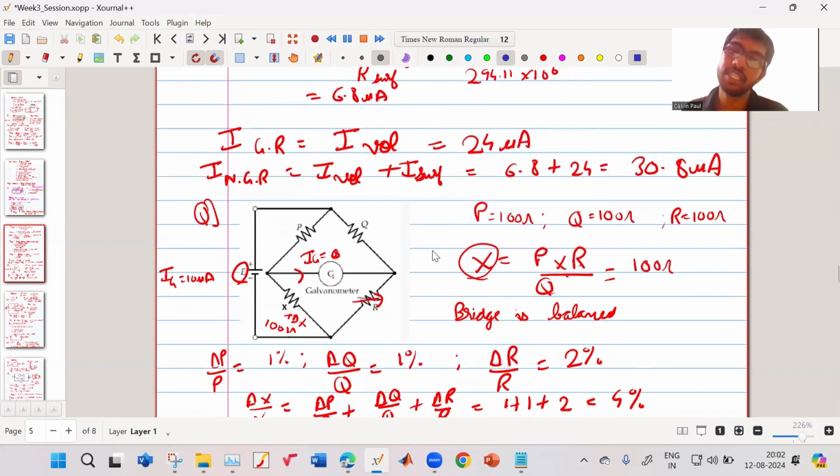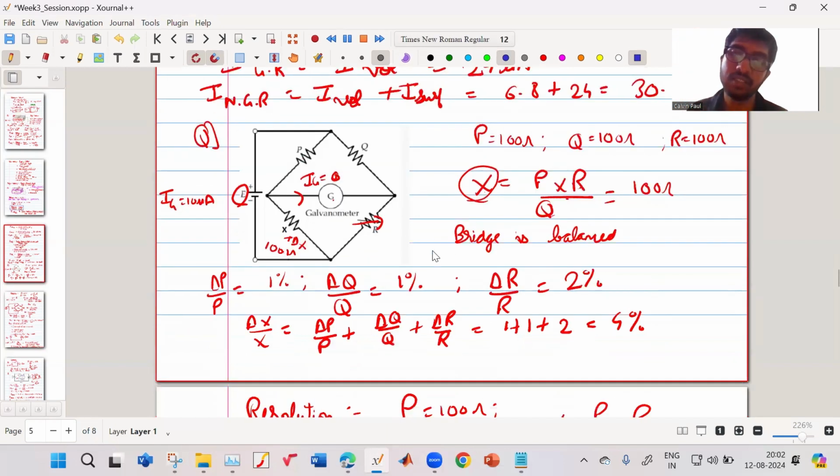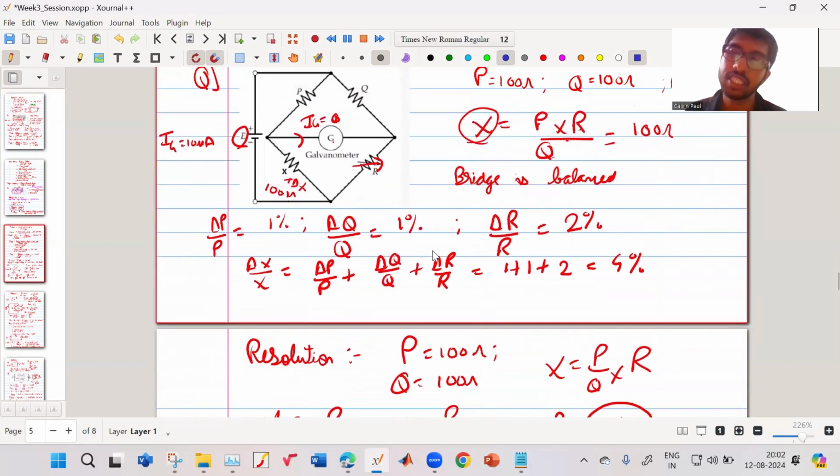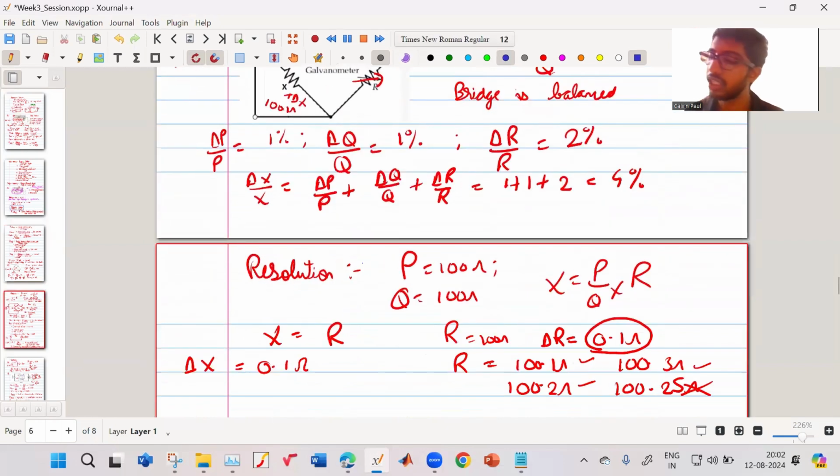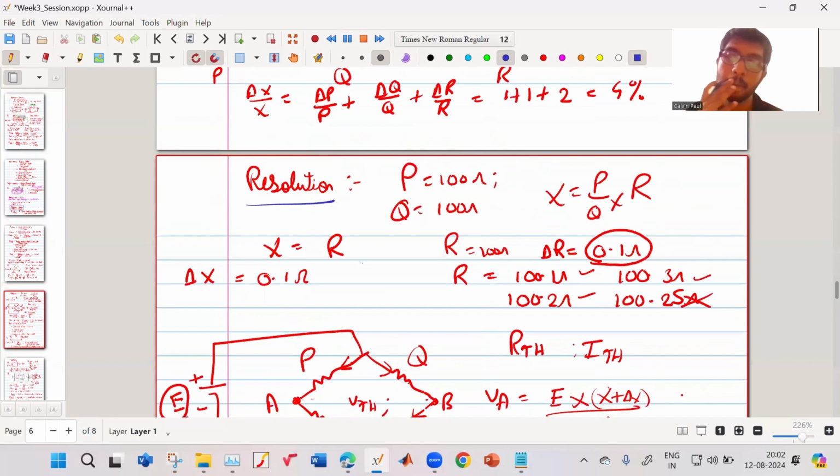Then we considered a case of a bridge network. This is not a Kelvin's double bridge, this is a simple bridge. And then we found out how to find the resistance, the accuracy, the inaccuracy, and the resolution.